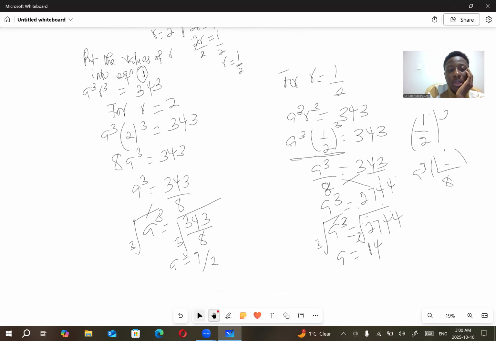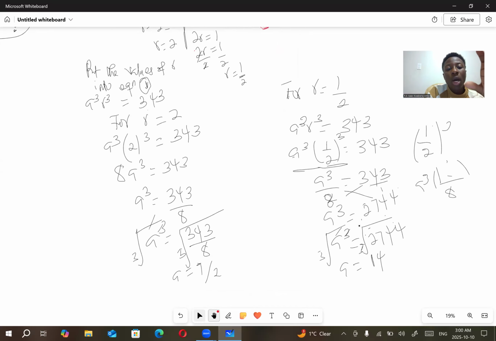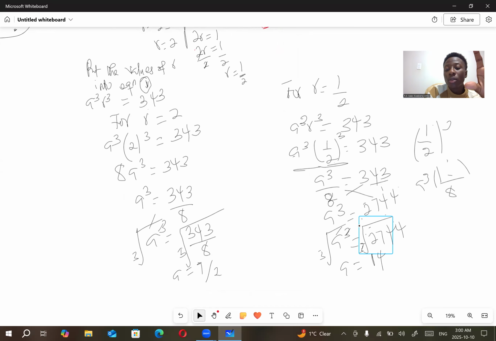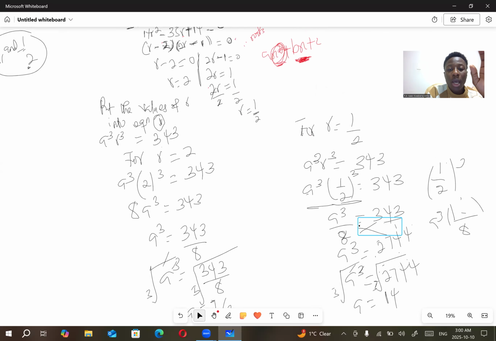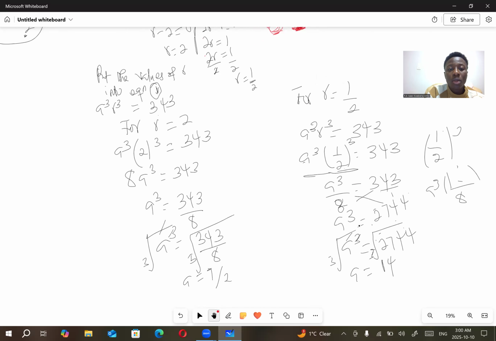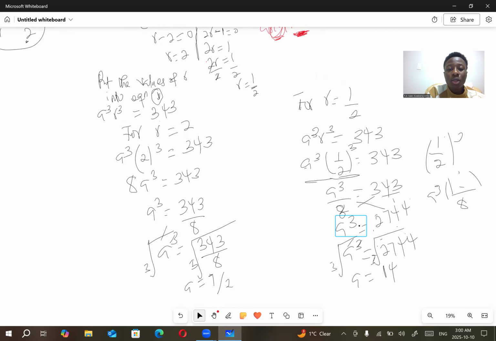All right, so you have A, you have R. You can choose your consecutive terms. You see the values of R were 2 and one half.